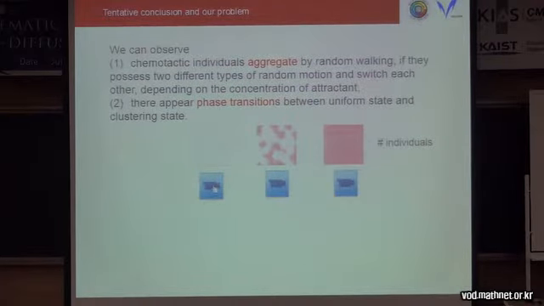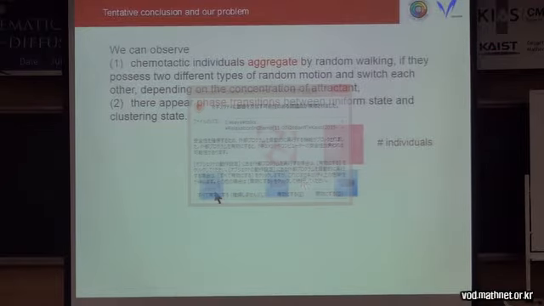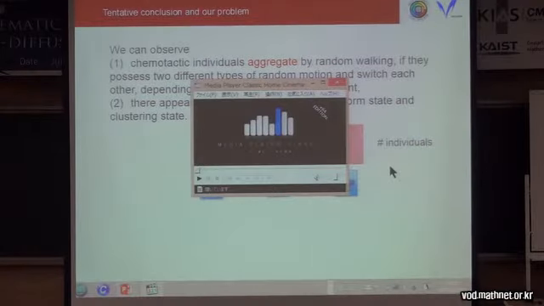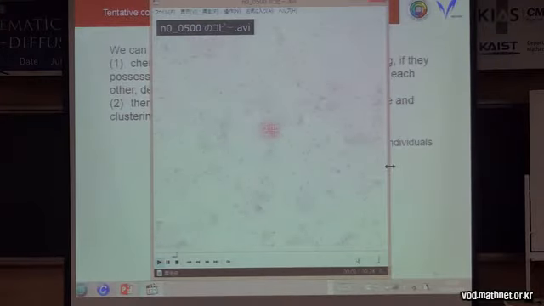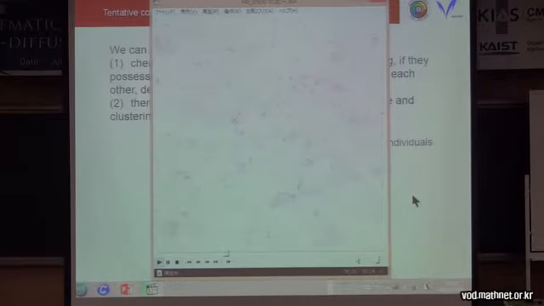This is a simulation. If the total number of individuals is small, then even if we assume such conditions for the movement, we cannot observe aggregation patterns. This is the initial data, but it diverges randomly, no patterns.